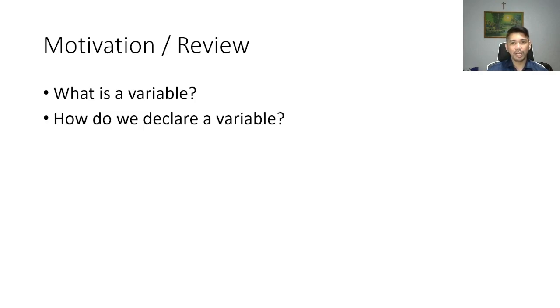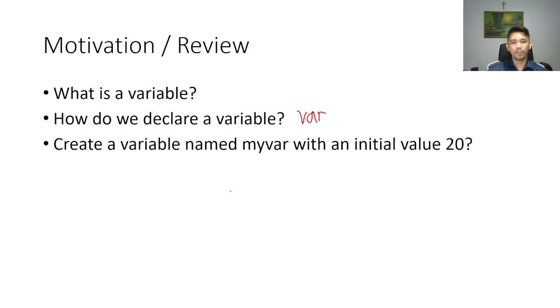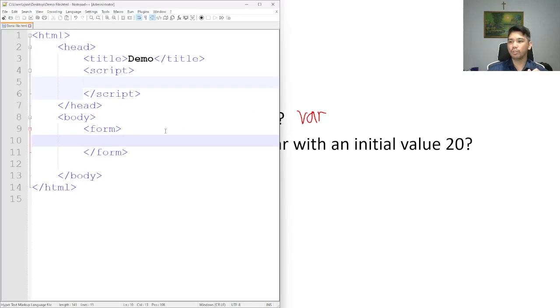Next, how do we declare a variable in JavaScript? We declare a variable in JavaScript by using the keyword var. Now, what if we are going to create a variable named myVar? How do we do that?